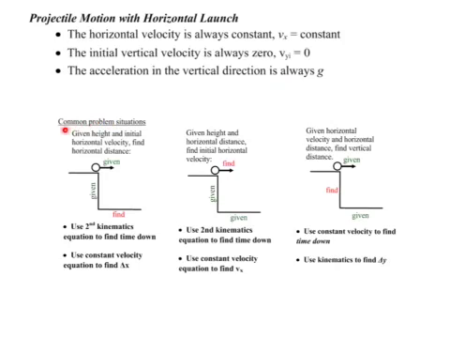We can give you the height and initial horizontal velocity and find the horizontal distance. We can give you the height and the horizontal distance and find the initial horizontal velocity. Or we can give you the horizontal velocity and horizontal distance and find the vertical distance. In order to solve this first type, this may not be given explicitly in a problem.